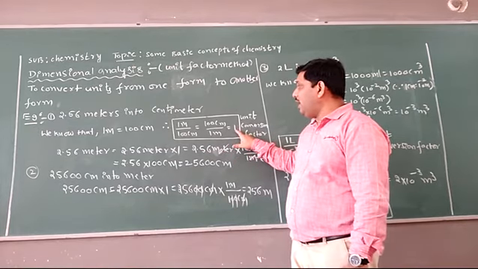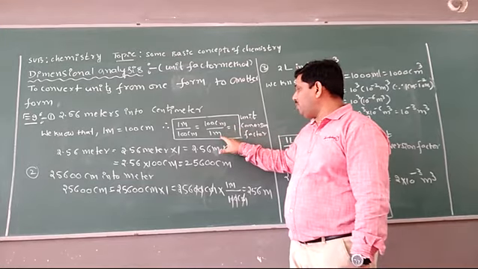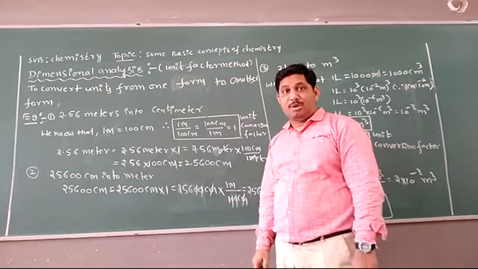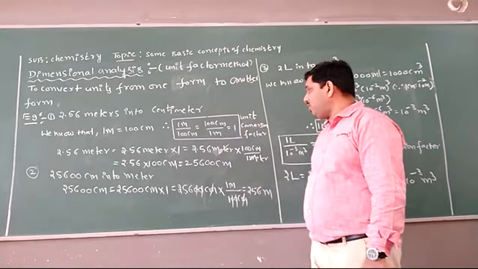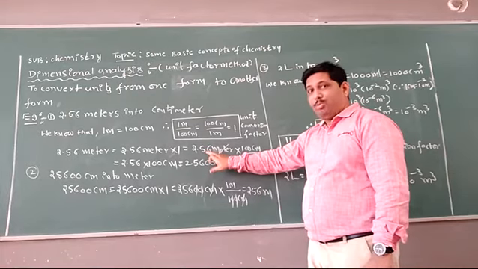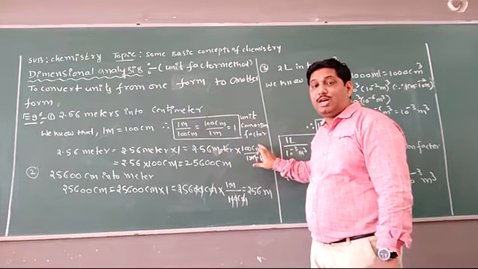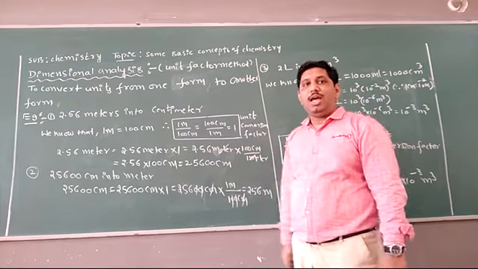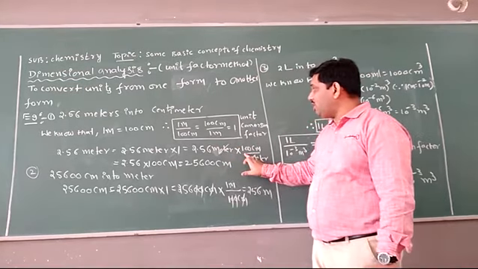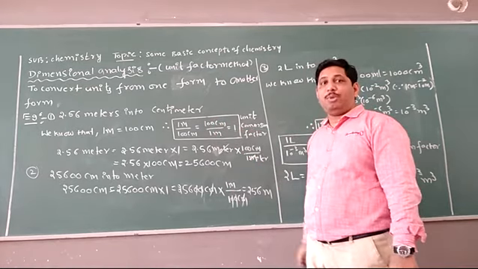In the place of 1, I am writing 100 centimeter by 1 meter. Why? Because we are converting 2.56 meters into centimeters, which means centimeter is always in the numerator. Hence 1 is nothing but 100 centimeters by 1 meter.